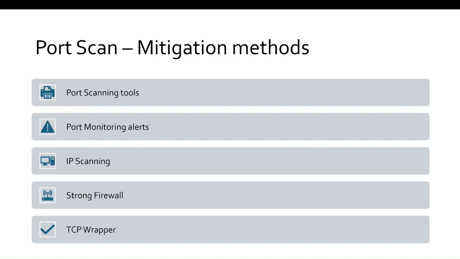Programs can also be put in place to monitor ports at all times and alert when new connections are made. There are also IP scanning tools. Creating a strong firewall is also important, as it will prevent these things from happening in the first place. And there's also TCP wrappers, which are essentially a set of rules.